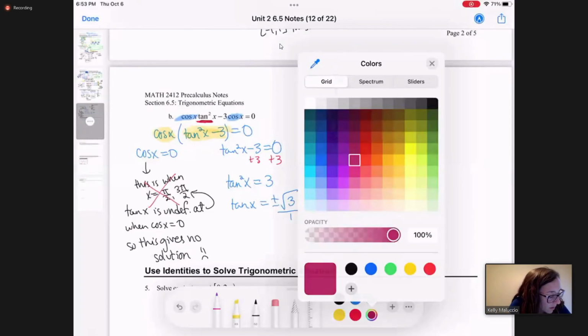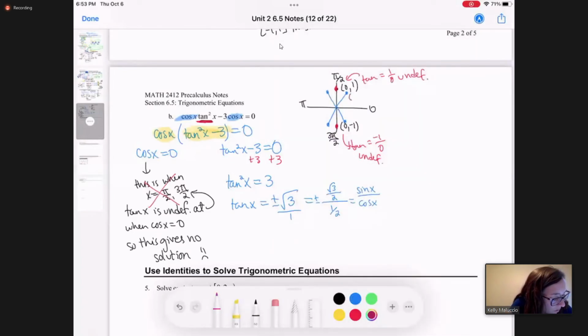I'll write these in reddish. So this point is 1/2, root 3 over 2. This one is negative 1/2, root 3 over 2. This one is negative 1/2, negative root 3 over 2. And this one is 1/2, negative root 3 over 2.